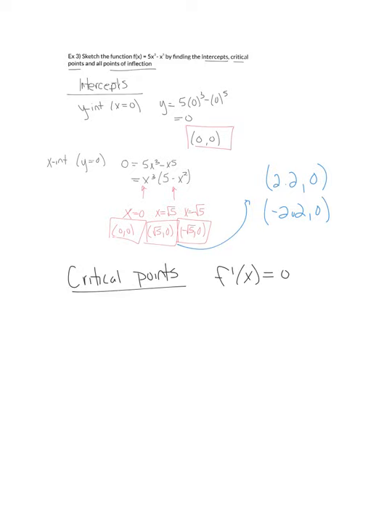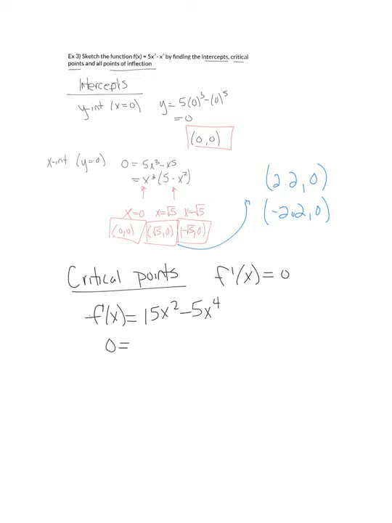The next thing that we're going to do is solve for our critical points. So remembering that is when we do the derivative and set that equal to 0. So my derivative is going to equal 15x squared minus 5x to the power of 4.